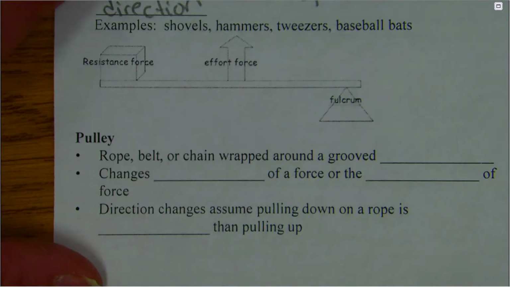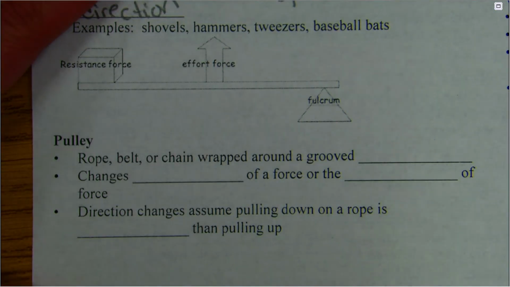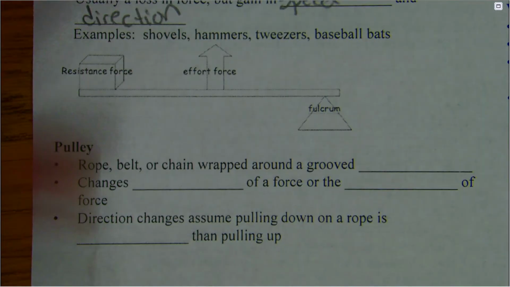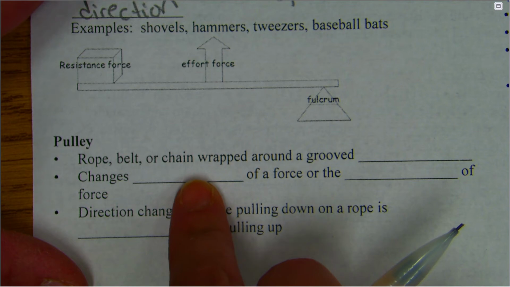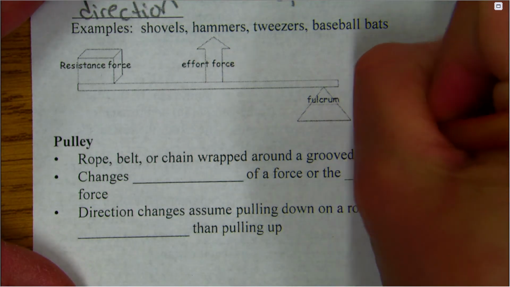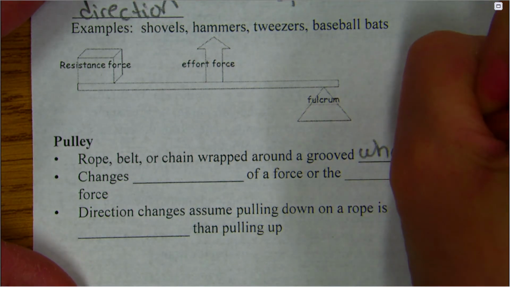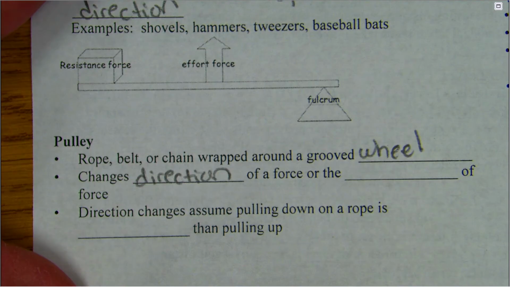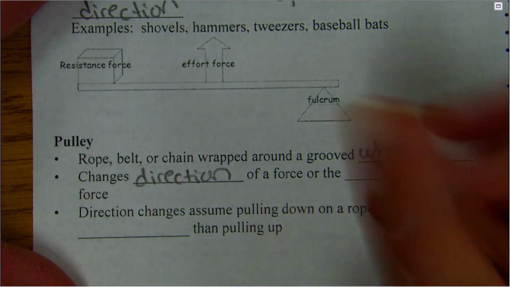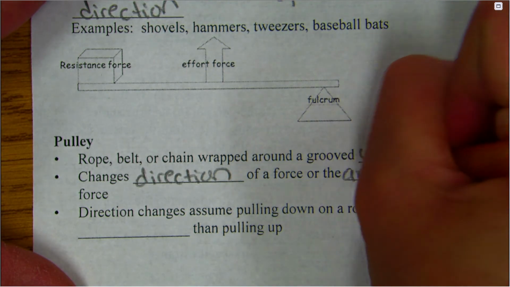All right, two more types of simple machines. We have pulleys. Pulleys are where we have a rope, belt, or chain wrapped around a grooved wheel. This is going to change the direction of the force or the amount of force.